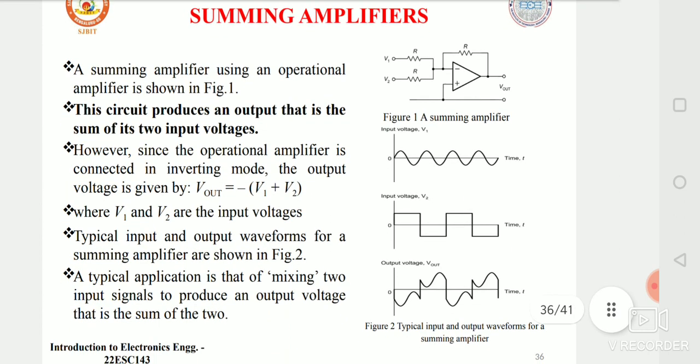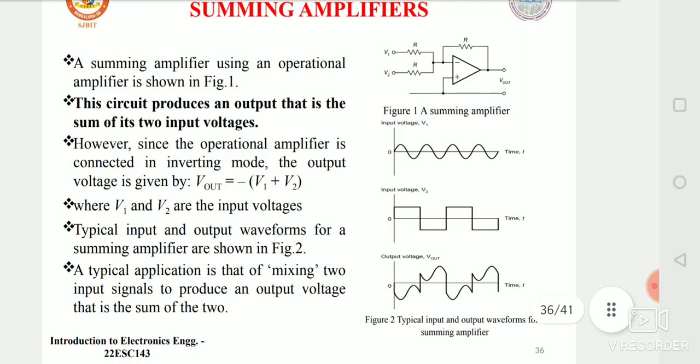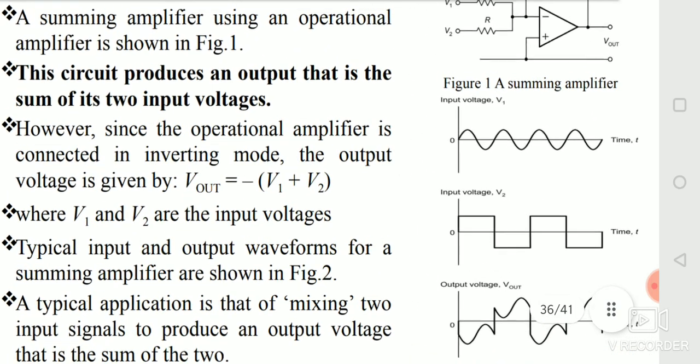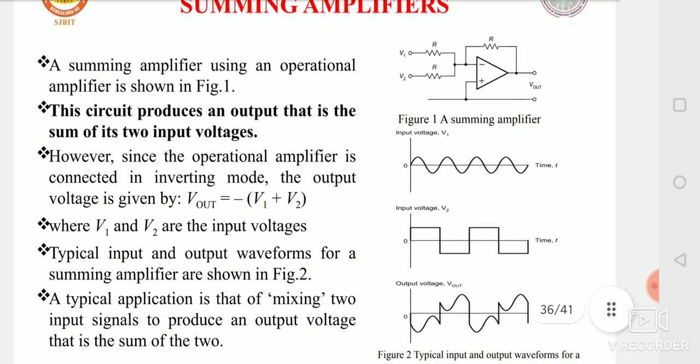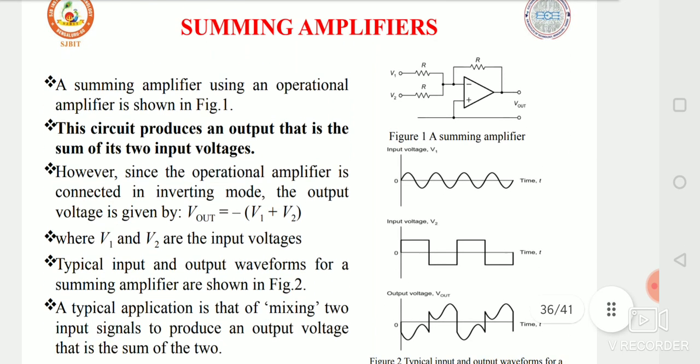However, since the operational amplifier is connected in inverting mode, the output voltage is given by Vout equal to minus (V1 plus V2), where V1 and V2 are the input voltages. Typically, input and output waveforms for the summing amplifier are as shown in figure 2. The typical application is mixing two input signals to produce an output voltage.